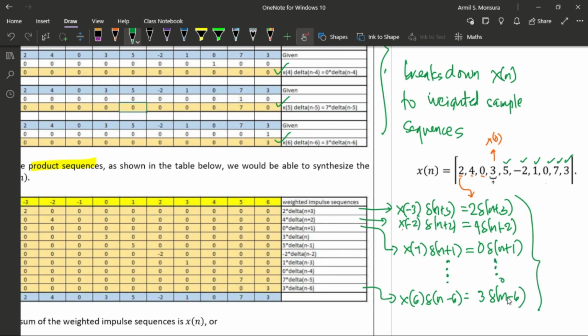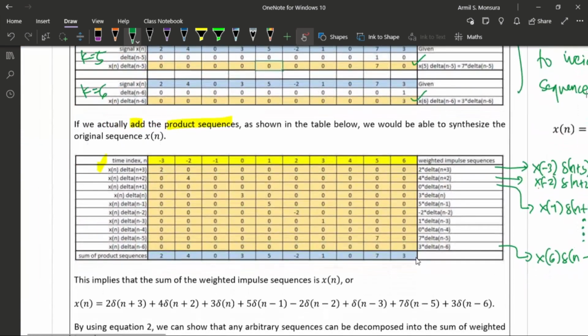If you actually add these product sequences, mapapansin nyo na mabubuo natin yung x of n natin. It's 2, 4, 0, 3, 5, negative 2, 1, 0, 7, 3.